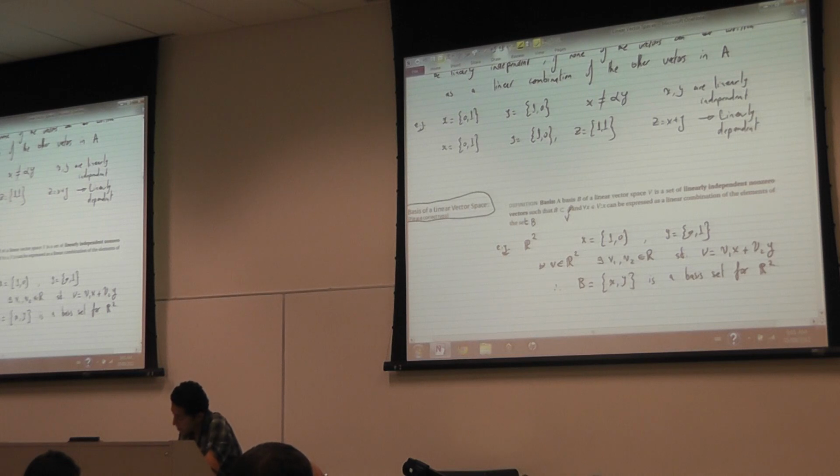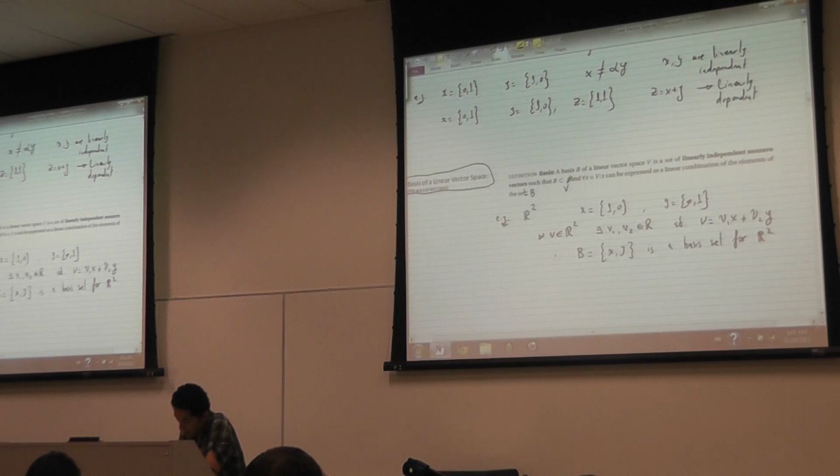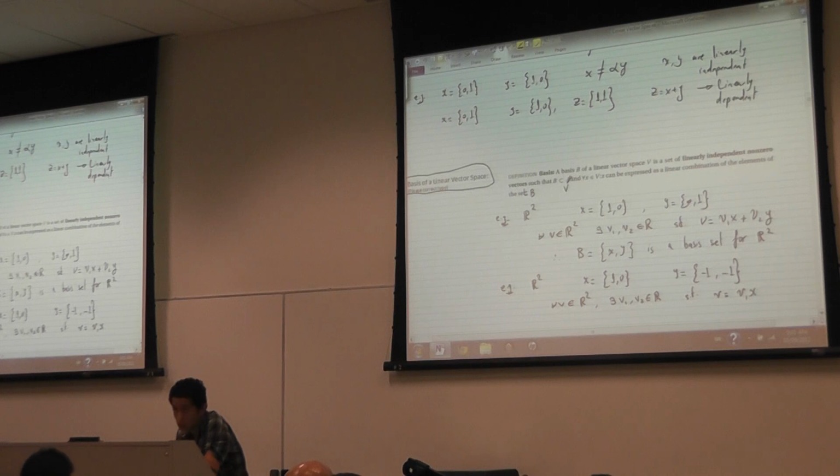Now, x and y do not necessarily need to be (0, 1), (1, 0). Example, x is equal to (1, 0), y is equal to (-1, -1). You will find for every element in R2 two real numbers such that v is equal to a multiplier times x plus a multiplier times y.